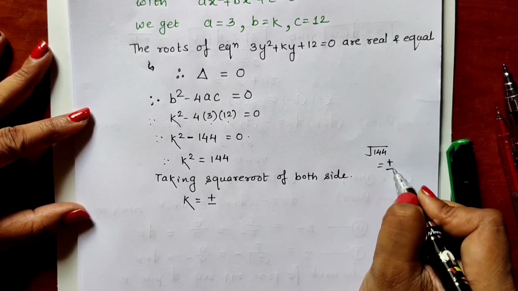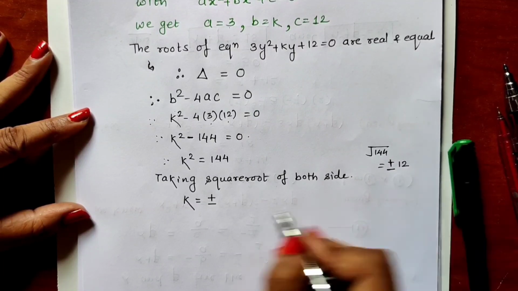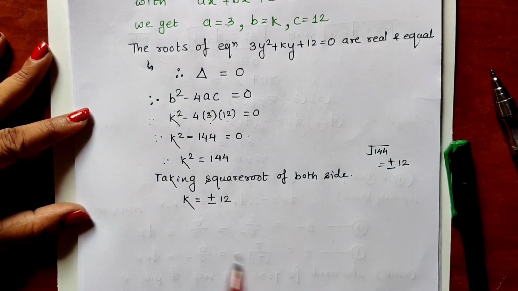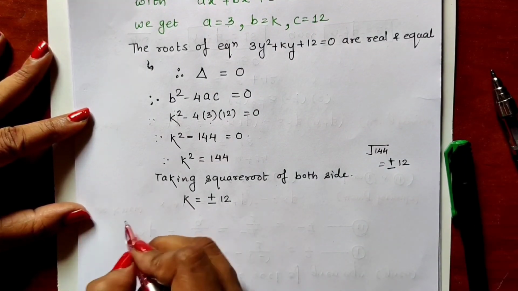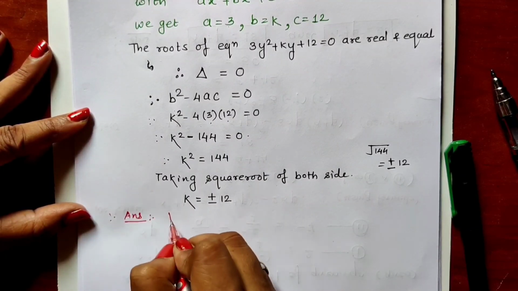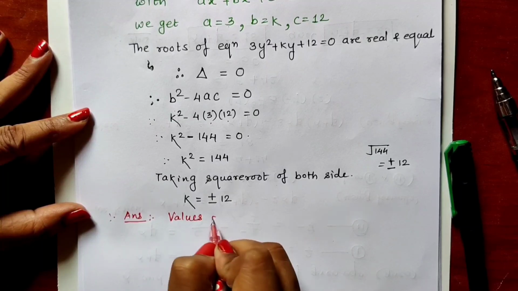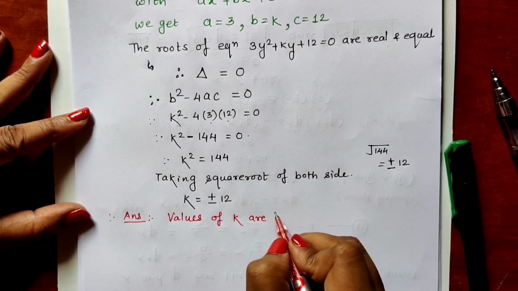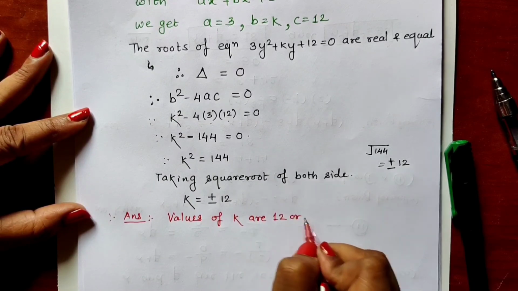Plus and minus. 144 is square of 12, so it will be 12. So two values of k are plus 12 and minus 12. Therefore, answer: values of k are plus 12 or minus 12.